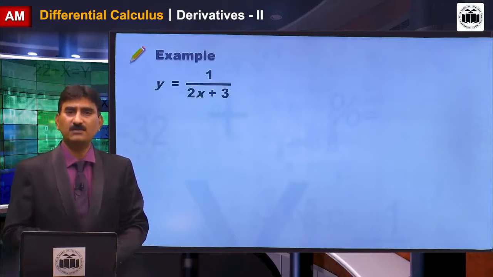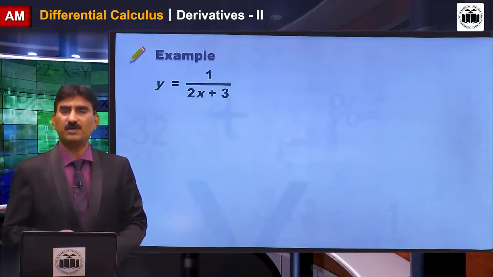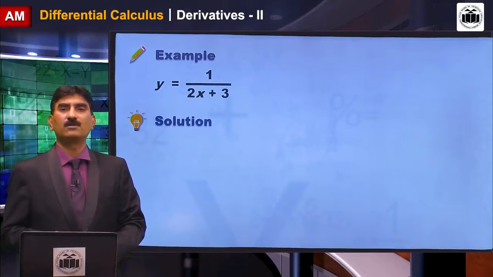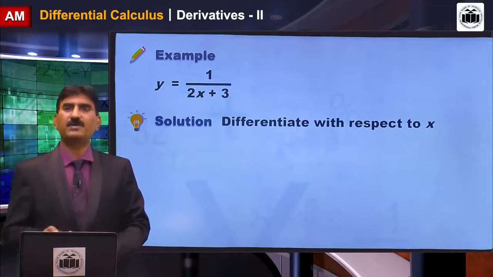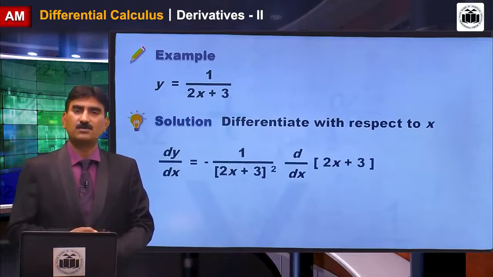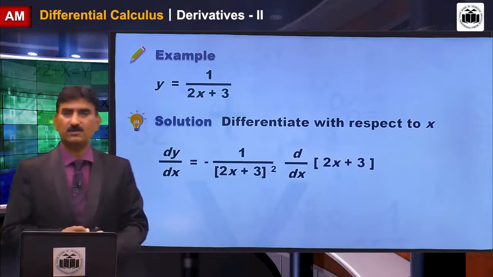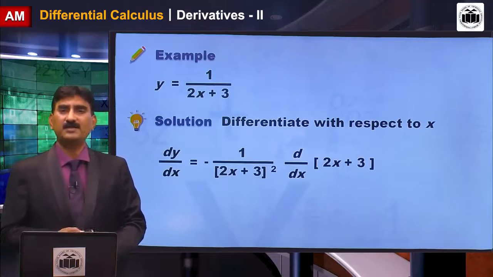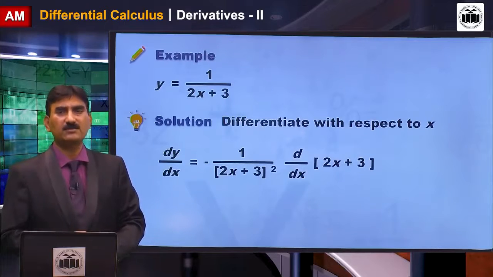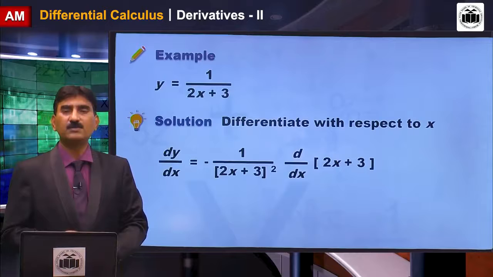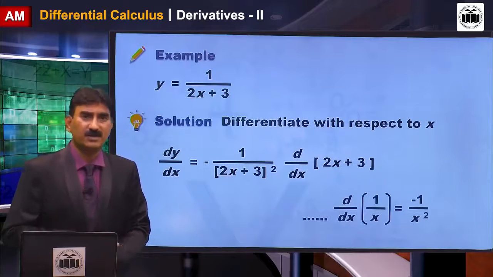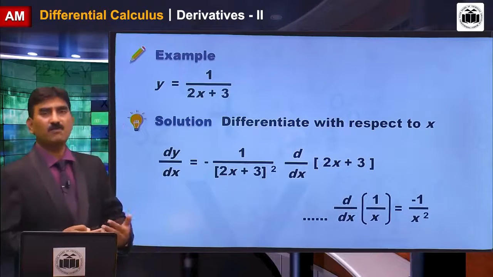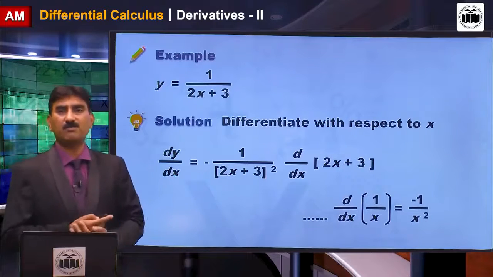Now another example, y is equal to 1 upon 2x plus 3. Now how do we differentiate? So dy by dx is equal to d by dx of 1 upon (2x plus 3), into again the derivative of 2x plus 3. Now remember here, the derivative of 1 upon x is minus 1 upon x square.